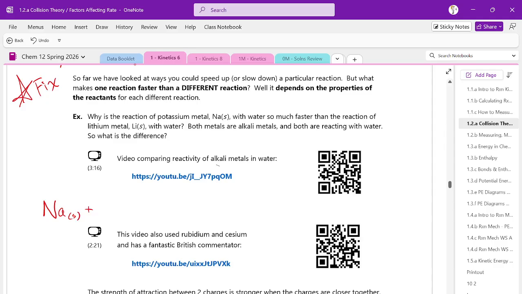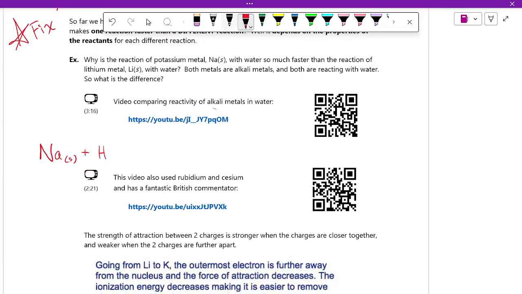We're going to write it as HOH, and that's a liquid. What type of reaction is this going to be? It's going to be a single replacement reaction. So predict the products of that reaction.